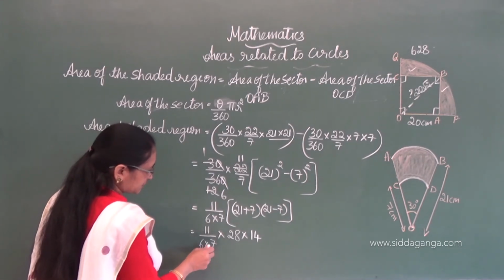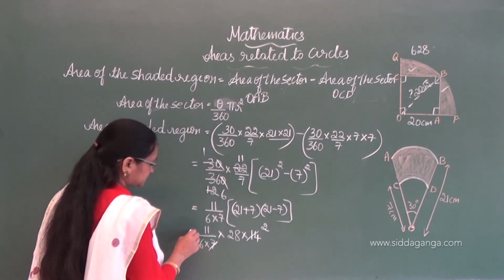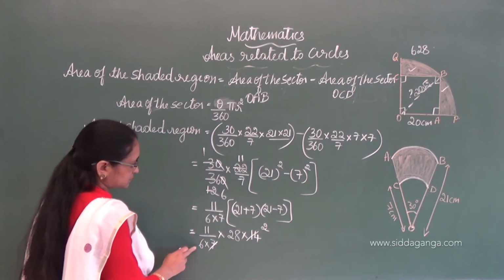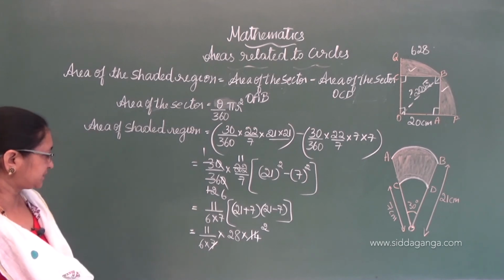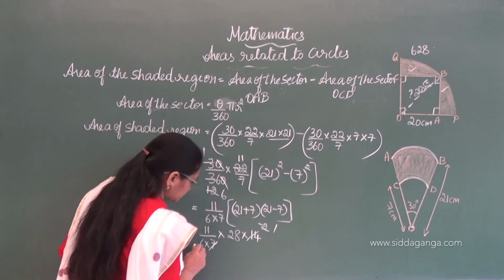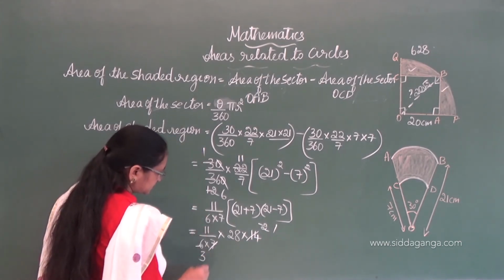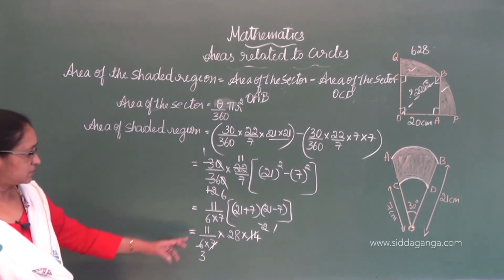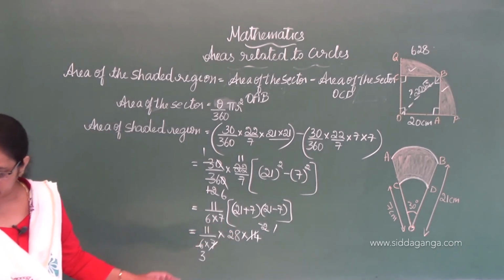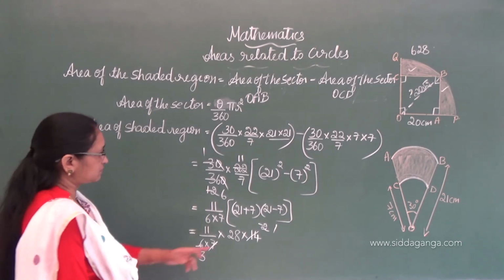Now the 6 here we can cancel with 7, 7 ones are 7, 7 twos are 14. Now we are having this much, so 11 into 28, let us find out how much.